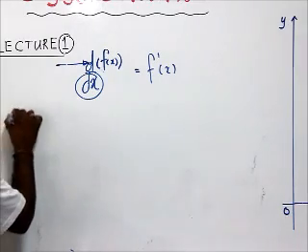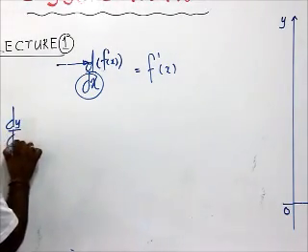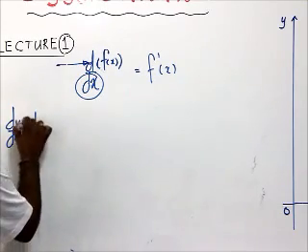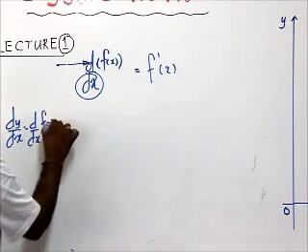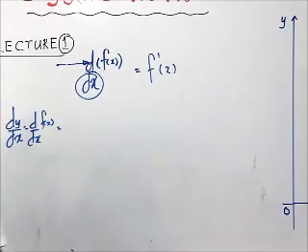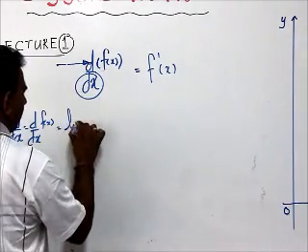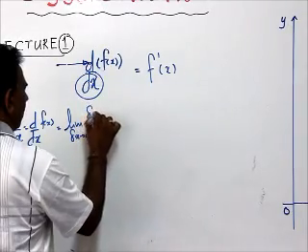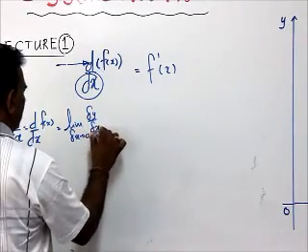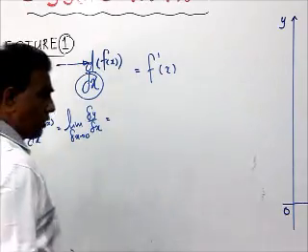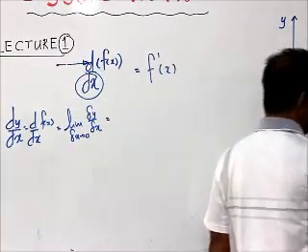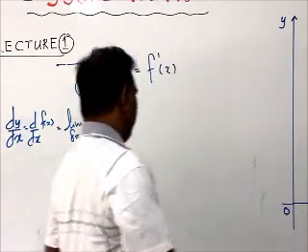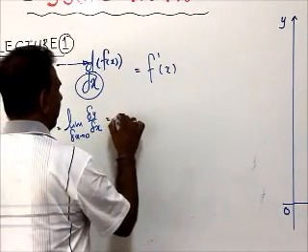Right. So this f dash x, dy by dx. Now we are studying dy by dx, which means d by dx of f of x; in place of y we can put f of x. This we can write as the limit of delta x tends to 0, delta y over delta x. In place of delta y, we can write f of x plus delta x minus f of x.